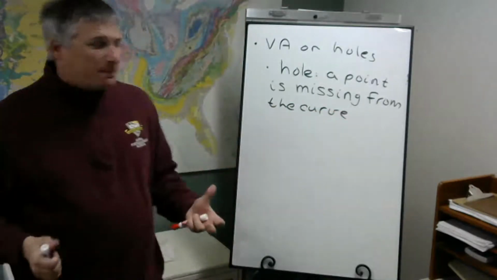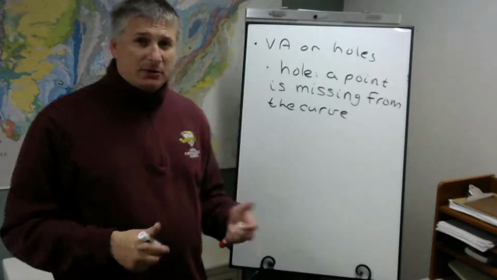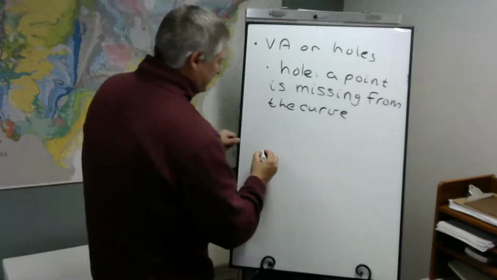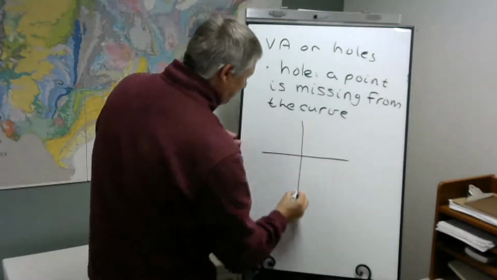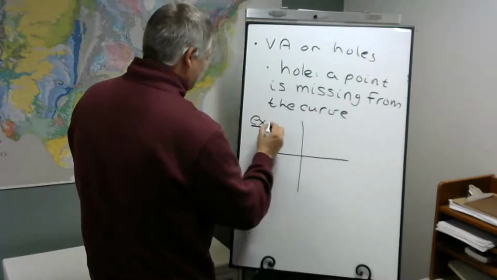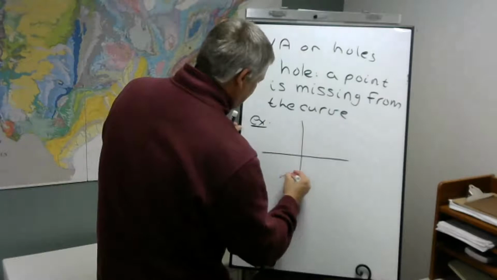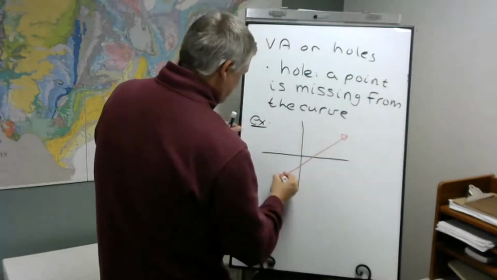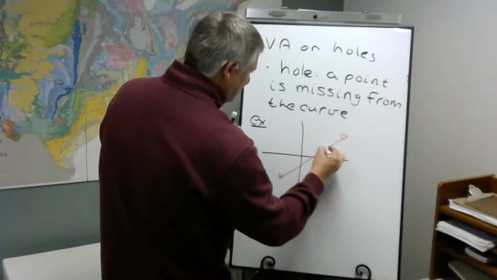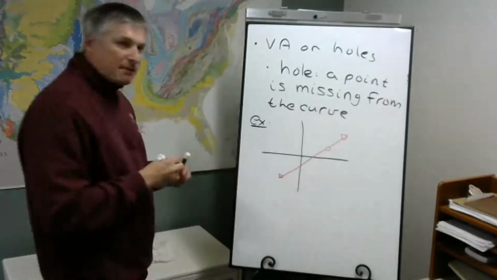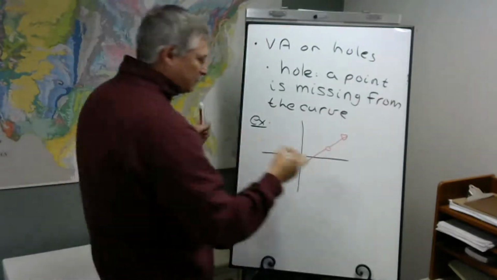So for a hole, there's a point missing from the curve. So a hole might look something like this. Say this is our graph. And we might have our function here. And there's going to be a hole where there's some point missing. Let's say it's missing at x equals 2.